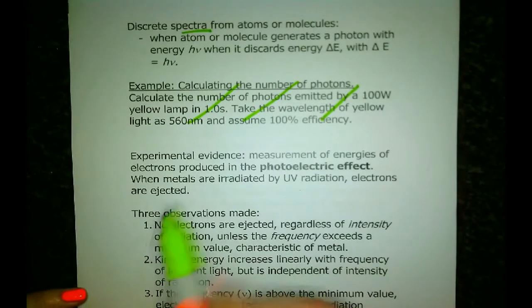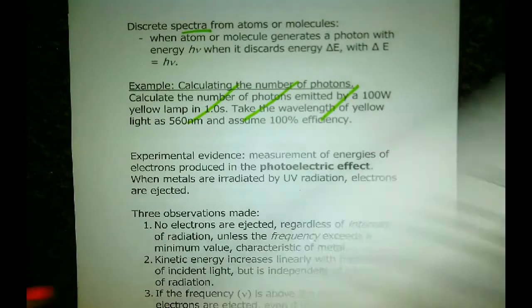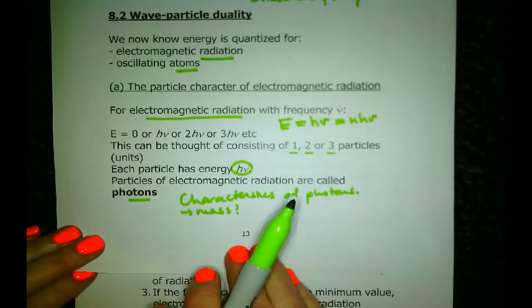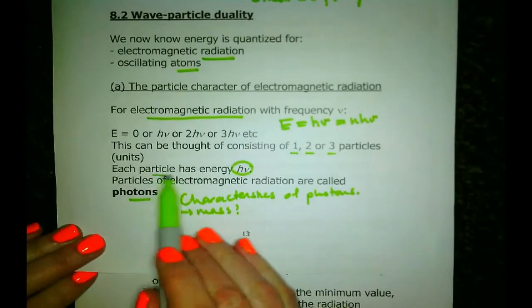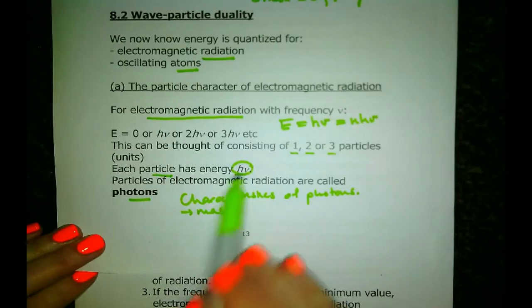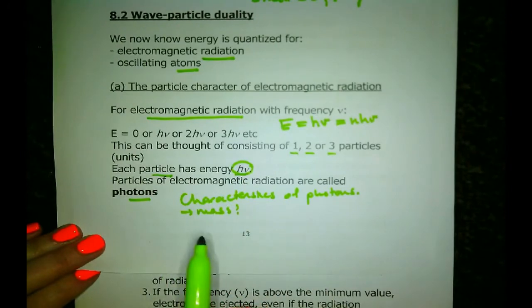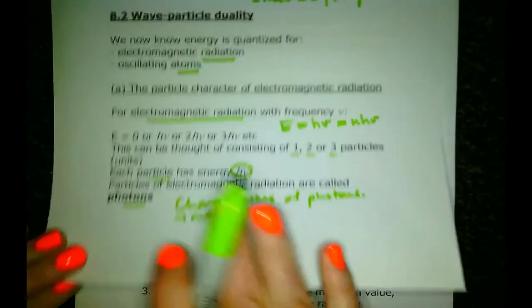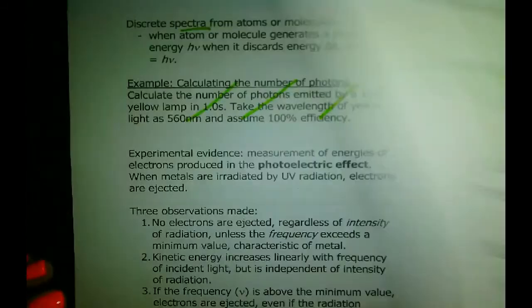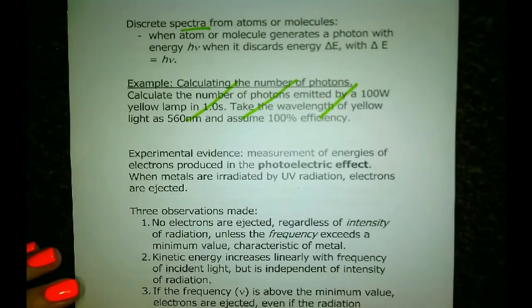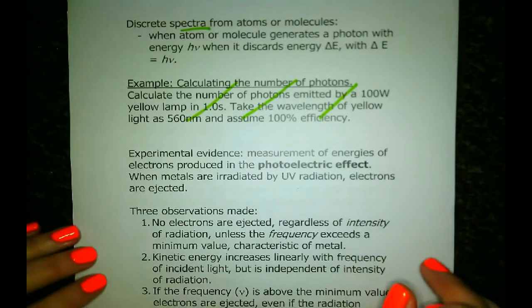Okay, so I've just told you that light consists of particles with the energy h nu, but do we actually have experimental evidence for this, or do you just take my word? Well, the answer is we do actually have experimental evidence that light consists of particles.